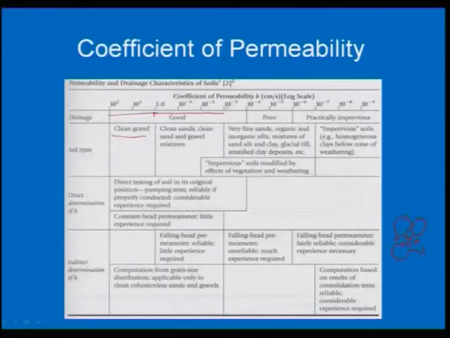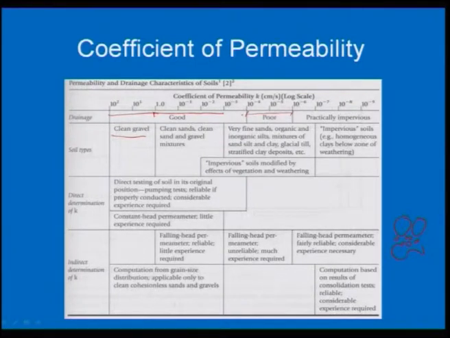Good drainage means water will flow inside the soil and immediately come out from the soil, meaning its permeability capacity is very high. Now, between 10 to the power minus 4 to 10 to the power minus 6, in soil mechanics we say it is poor, and 10 to the power minus 6 to 10 to the power minus 9 coefficient of permeability we say impervious.